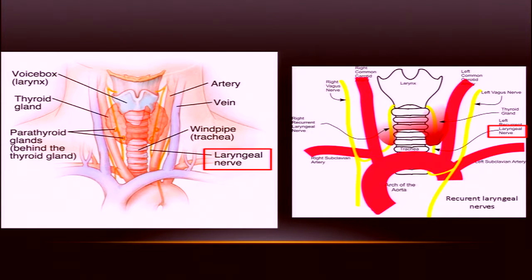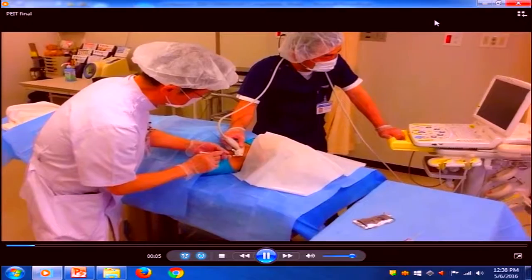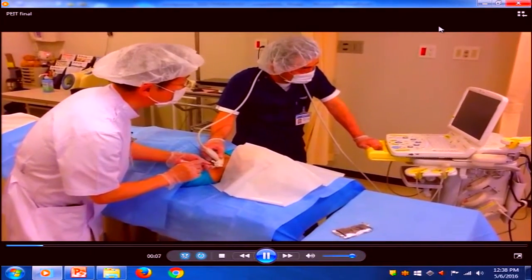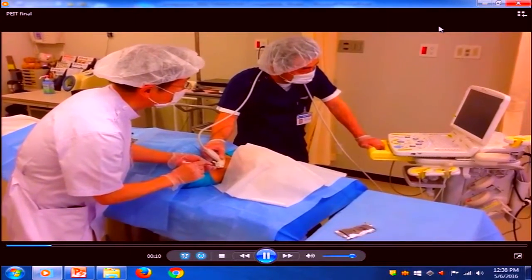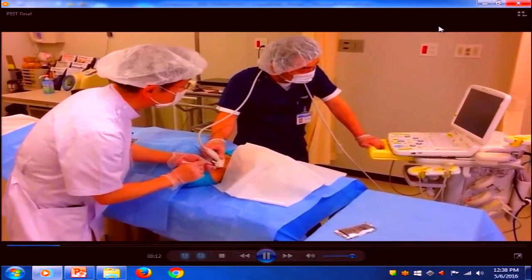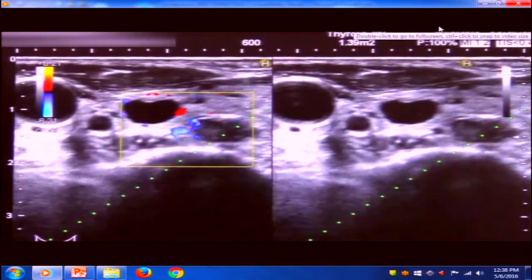And the problem here is, as you see, the laryngeal nerve runs right behind the parathyroid gland, and variation of that nerve is incredible in each person. I strongly recommend doing this procedure with two persons. Most important thing is to find a very good ultrasound technician.